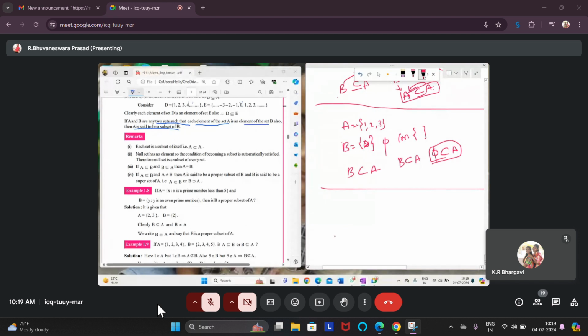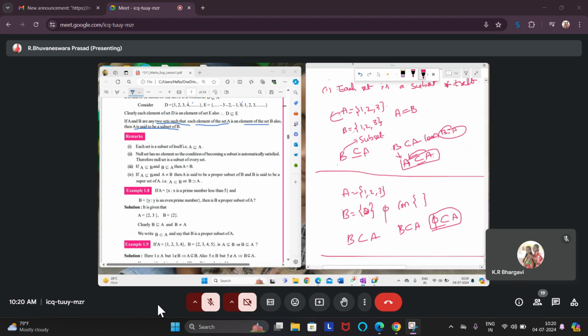Next, the third condition, which everybody will understand. If A is a subset of or equal to B, and B is a subset of or equal to A, then both sets are equal. Already I explained this condition in the first condition. See, already I took this example.